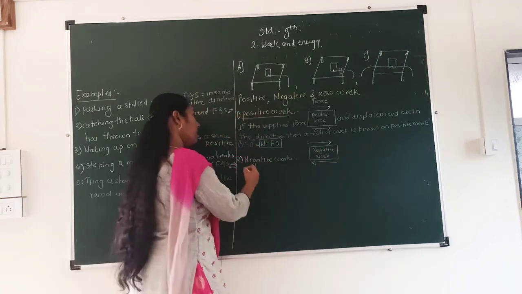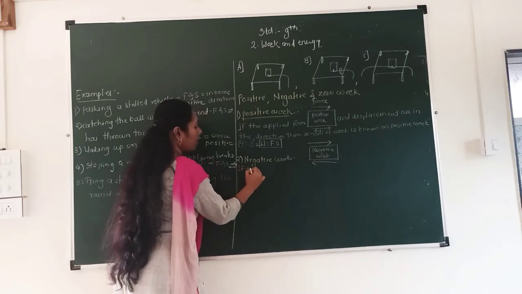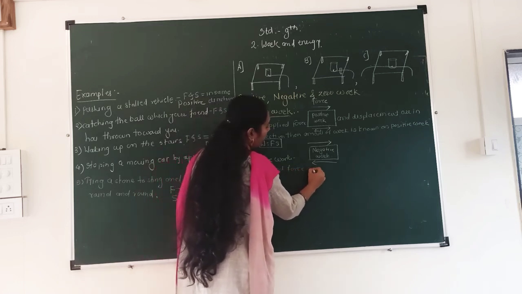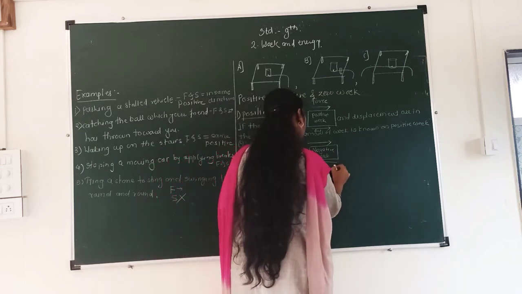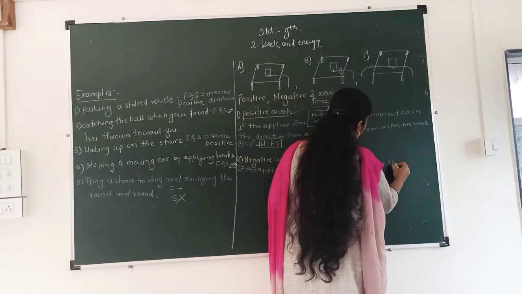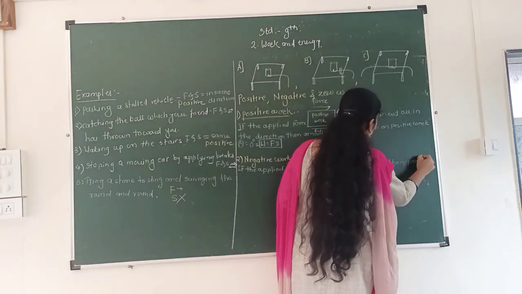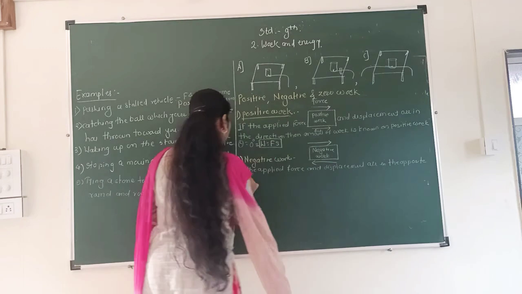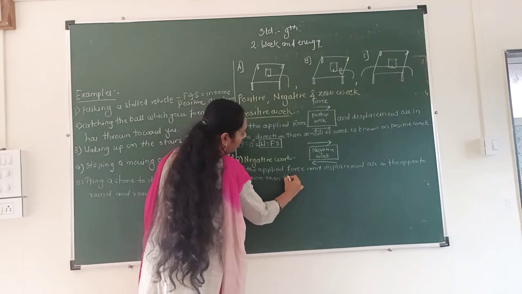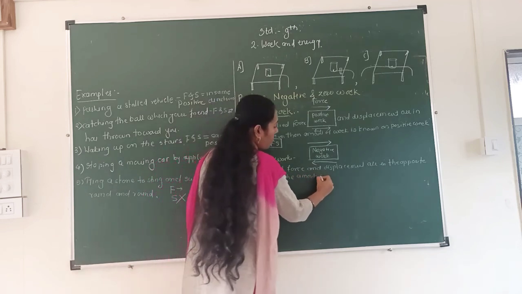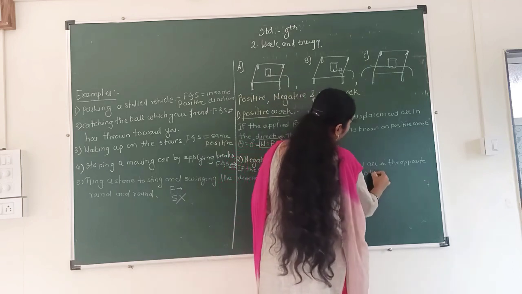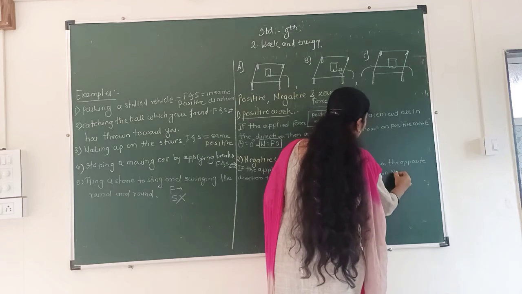So I will write here: if the applied force and displacement are in the opposite direction, then the amount of work done is known as negative work.